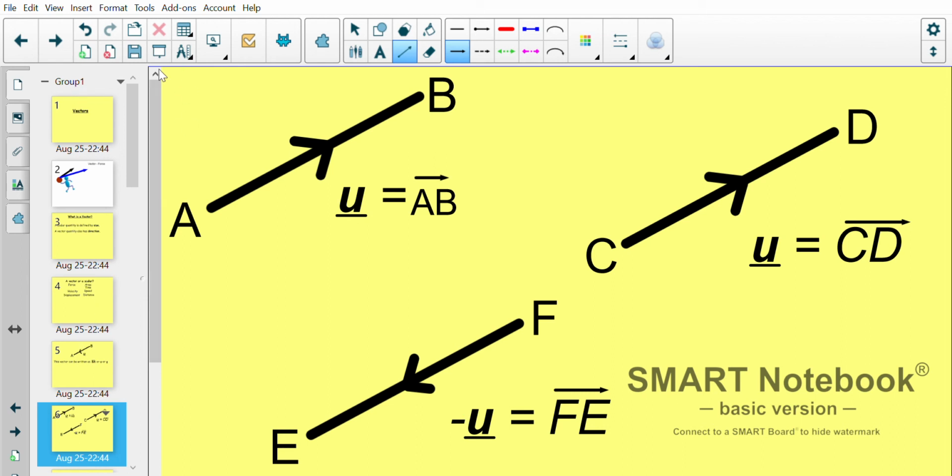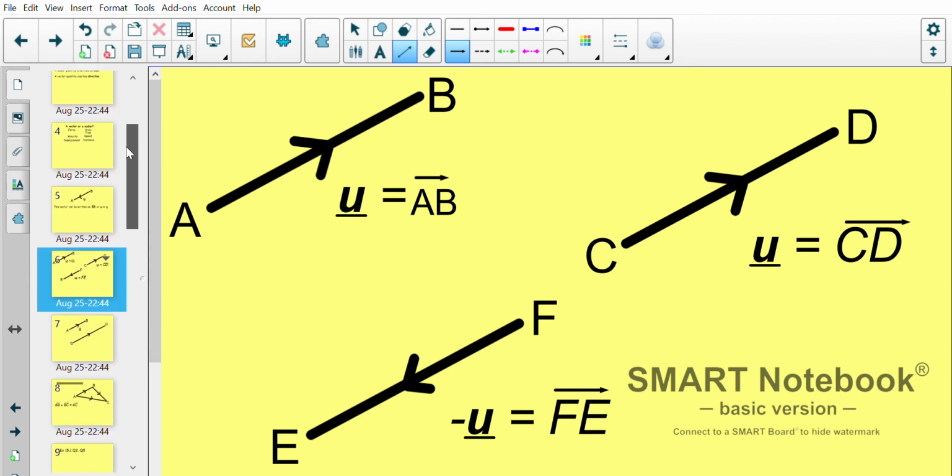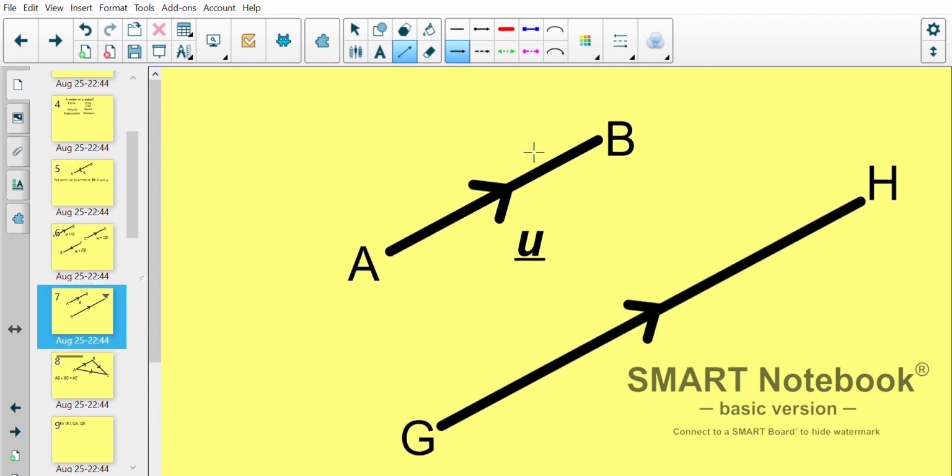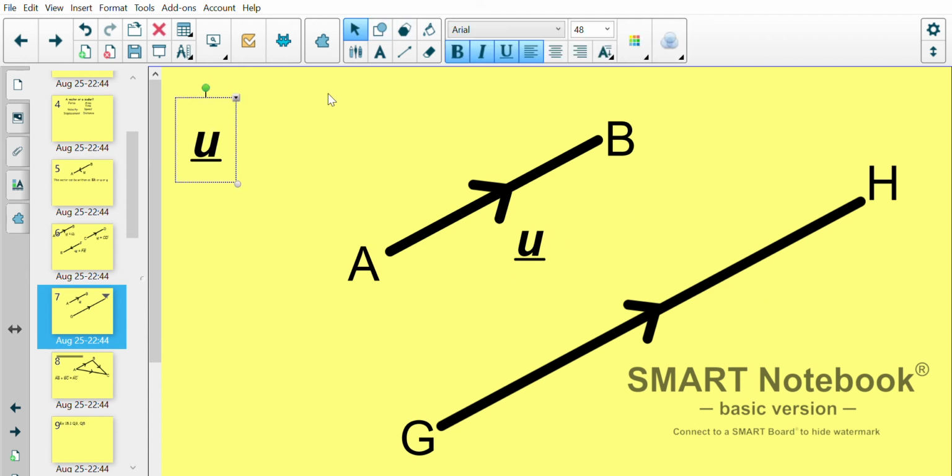Okay, so this is just a little summary of a couple of other things we can do now. Similar to the idea of it going the opposite way, that we can just write it in terms of U, so we can write it as negative U, we can do the exact same thing if you're going the exact same direction but twice as far.